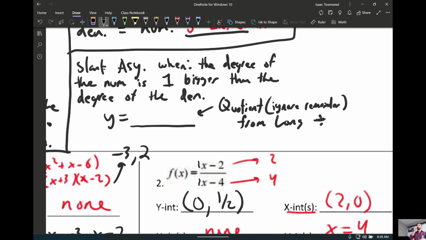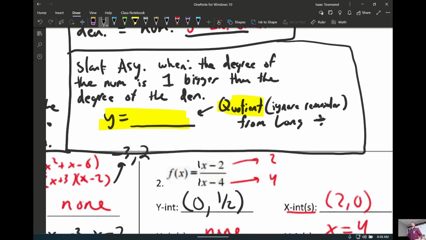We'll have to do long division, and whatever the quotient is, y equals the quotient is the equation of the slant asymptote, or oblique asymptote, same thing. If there's a remainder, we can ignore it. It has no impact on the slant asymptote.